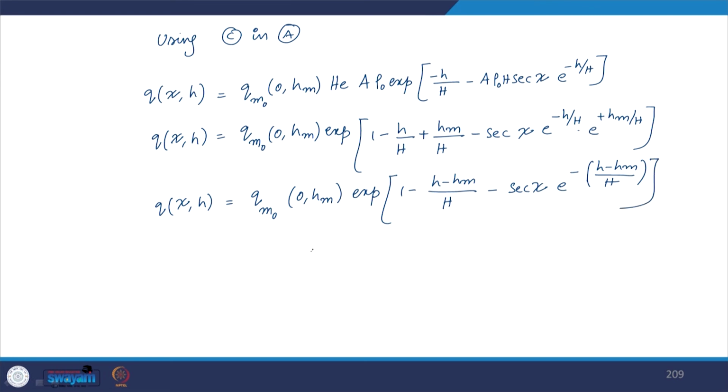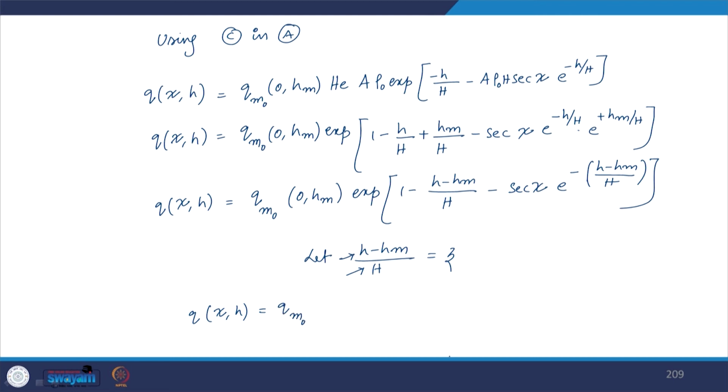Let's call h minus Hm by h the normalized height above the peak production height, normalized with respect to the scale height. Let's call this Z. Then we can write Q, the rate of production as a function of the zenith angle and the height, is Qm0.